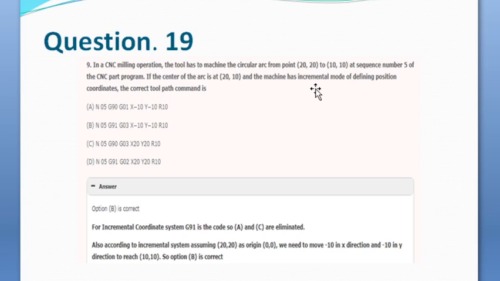Then incremental mode, based on the incremental mode we calculated the radius value. Option B is correct. Sequence number 5, incremental mode, anti-clockwise direction of circular interpolation, then the end point of the arc, then the radius of the arc.